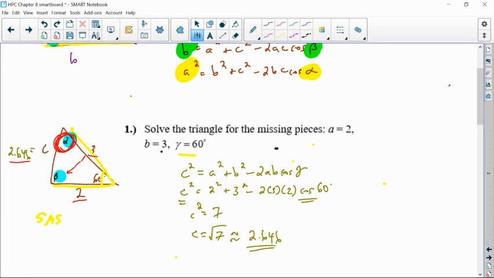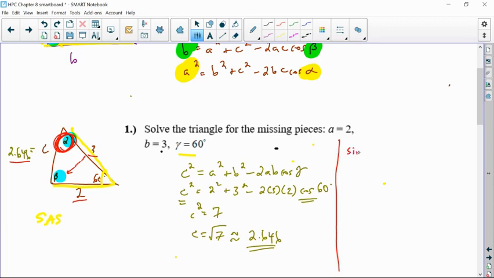Okay, so I'm going to solve for this one, and I'm going to use law of sines, but I know that that's an acute angle. So when I introduce my inverse sine function, no ambiguity. I know it's just going to be whatever the calculator says. I don't have to worry about its supplement.